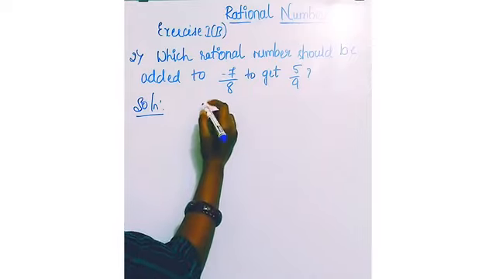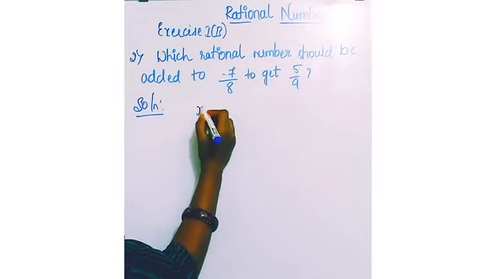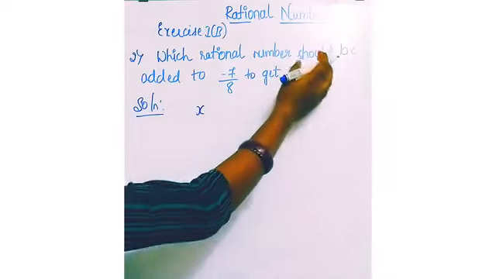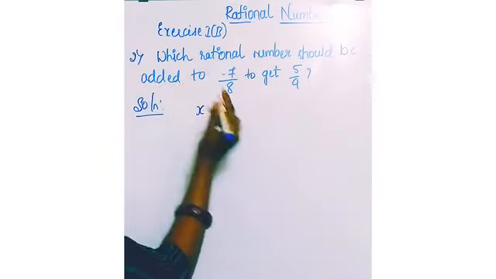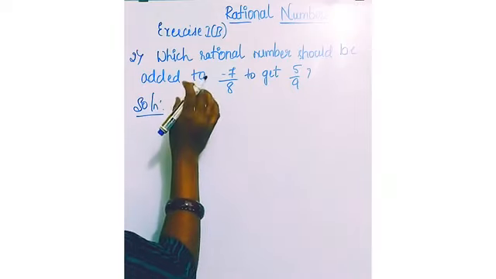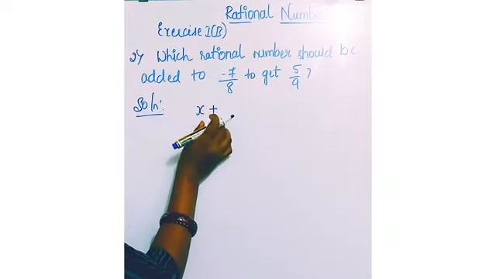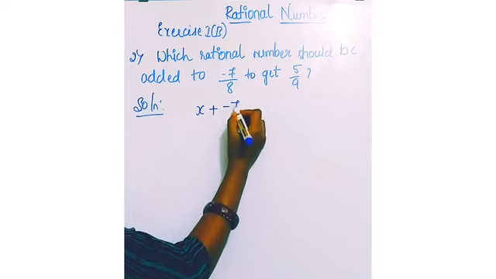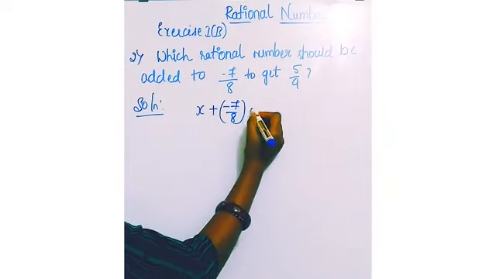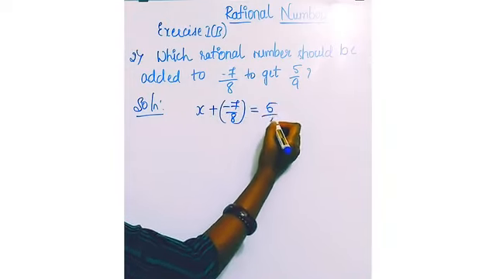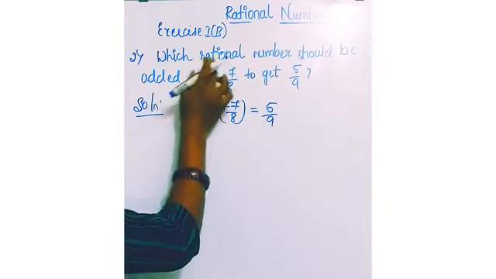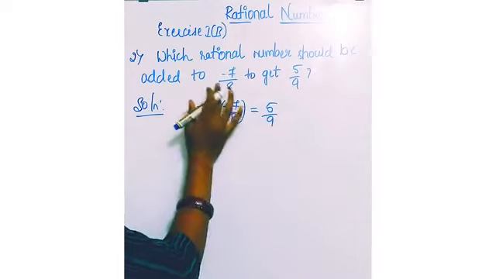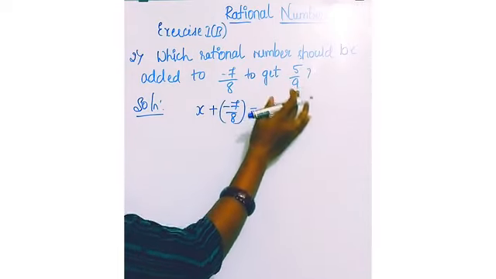I'll take x first, which they are asking. x should be added to minus 7 by 8. Added here means addition, plus. Which number should you add to this minus 7 by 8 to get 5 by 9? Understood? I'll explain one more time. Which rational number should be added to minus 7 by 8 to get 5 by 9?